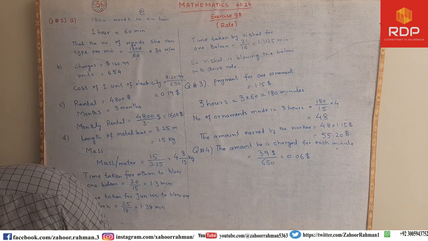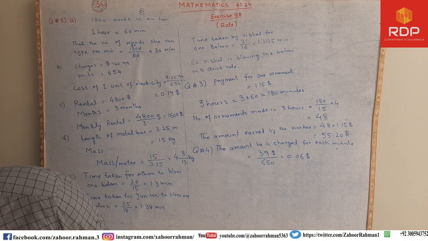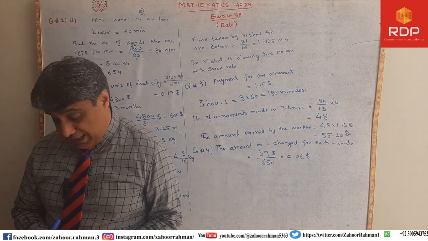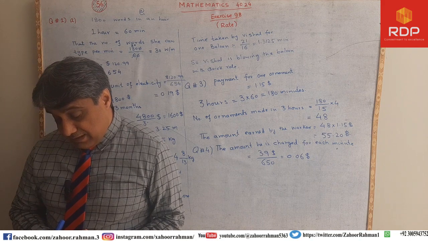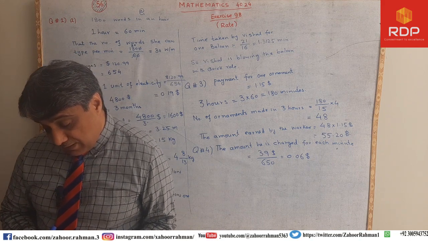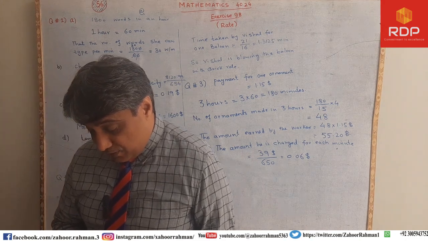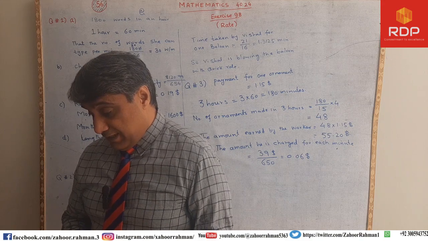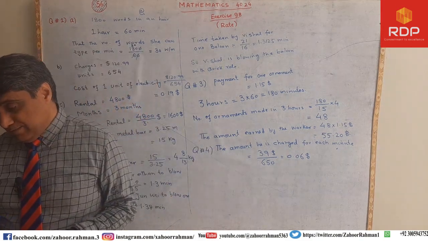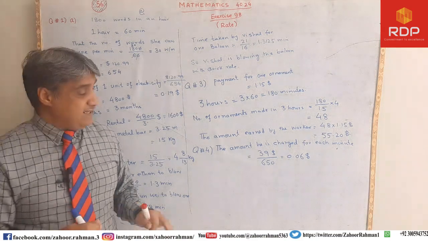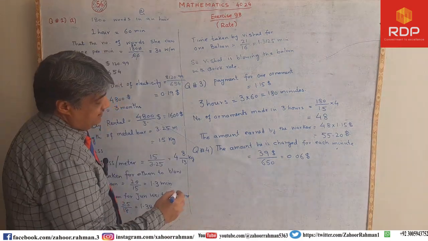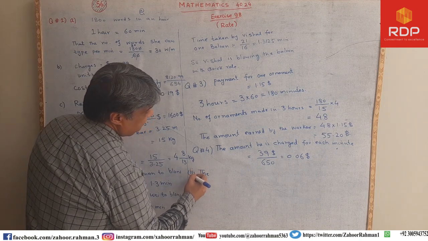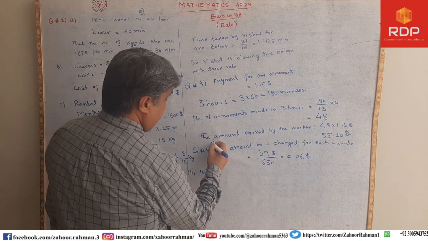Now we are going to find the amount he has to pay if he makes 460 minutes of outgoing calls. So we have to multiply this by 460. This is the second part, and that was the first part.